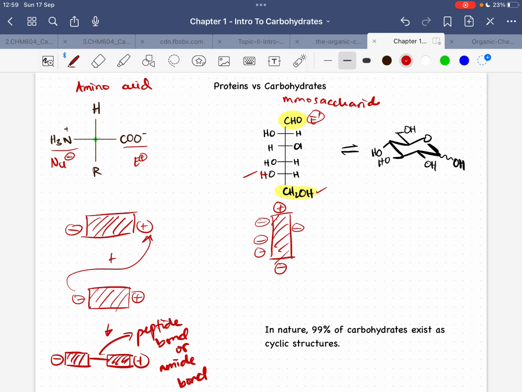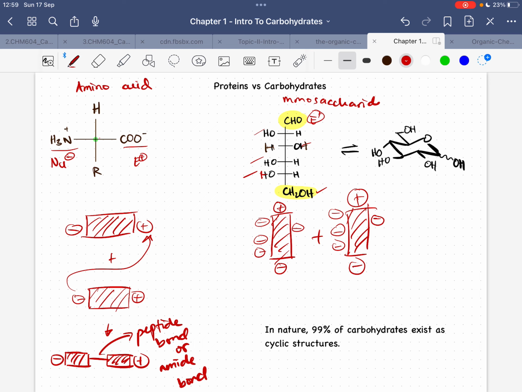Pwede po kani ang nucleophilic end. Sorry, not this one. Ani, mga nucleophilic sites na sila, OH. So, kung naka other sugar molecule, negative, negative, negative, negative, negative, positive. Okay?